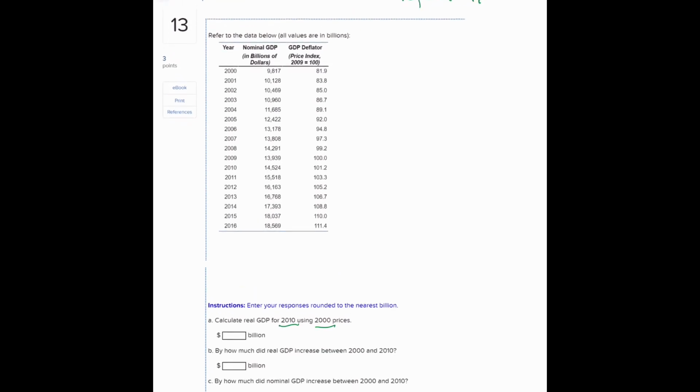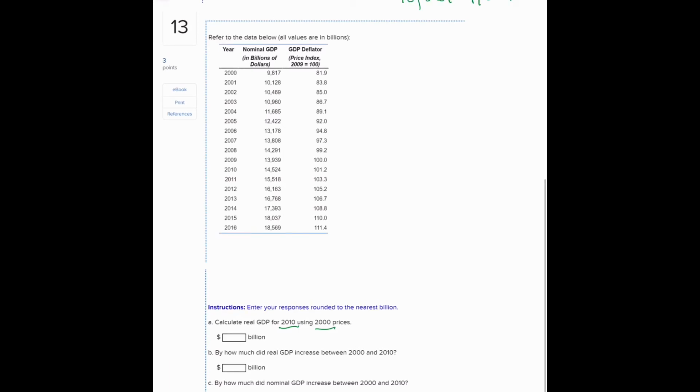The real GDP for 1 year in terms of another year is going to be the nominal GDP for 2010 divided by the price index for 2010, and I'm just going to let you put in the numbers there, divided by the price index for 2000.